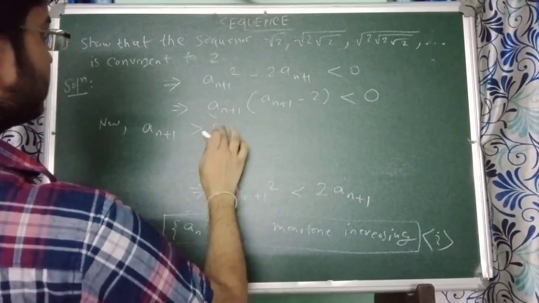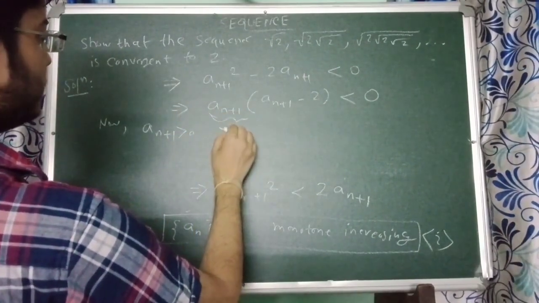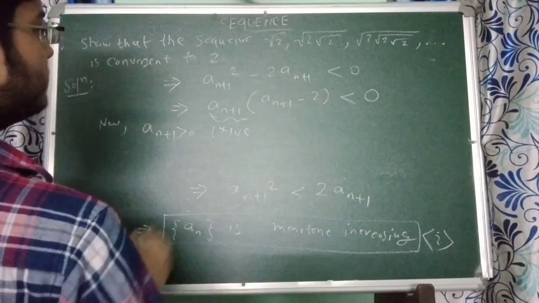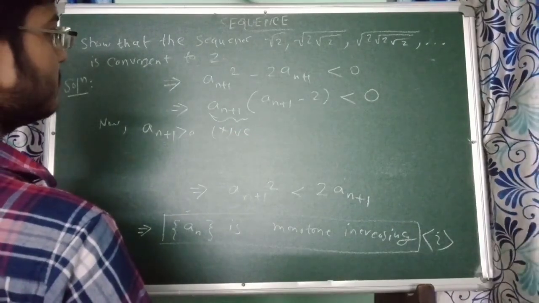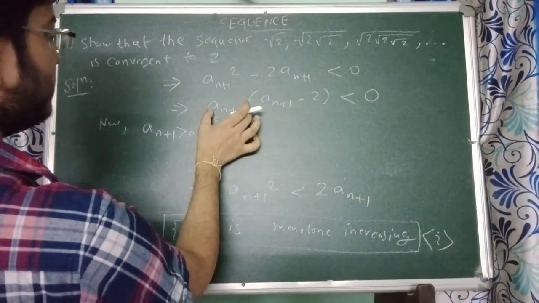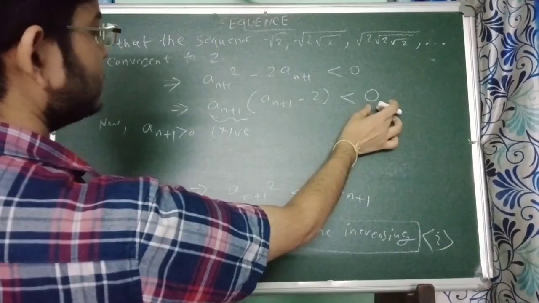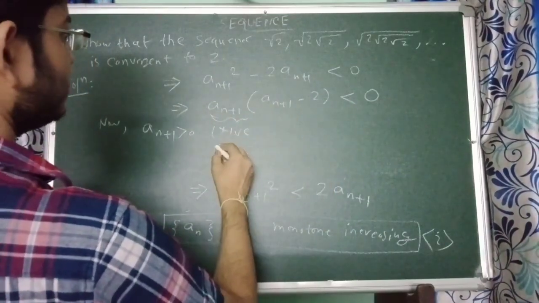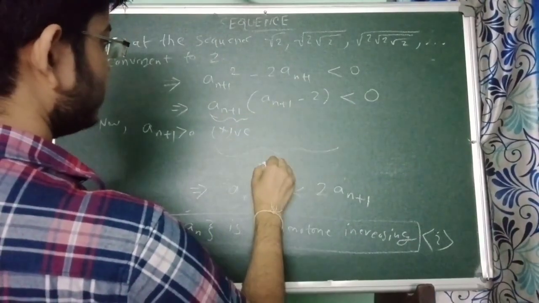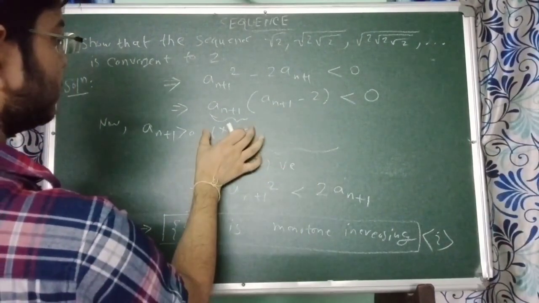So this part is always a positive quantity. And from this expression we clearly see that a_{n+1} into (a_{n+1} minus 2) is less than 0. That is, altogether the term is negative and this part is positive.